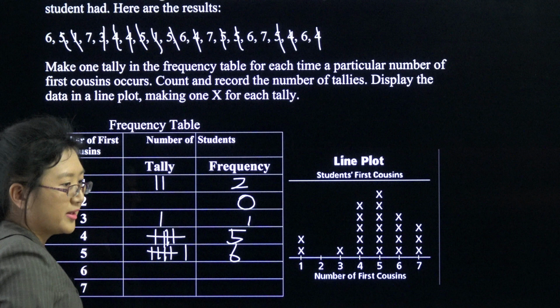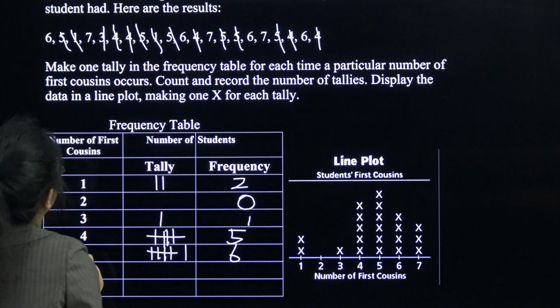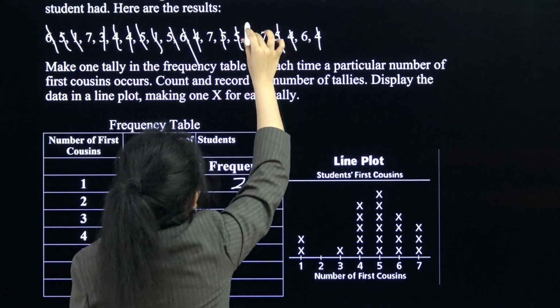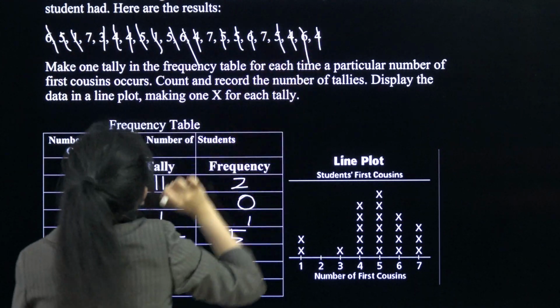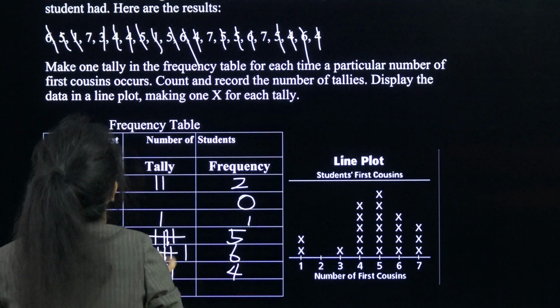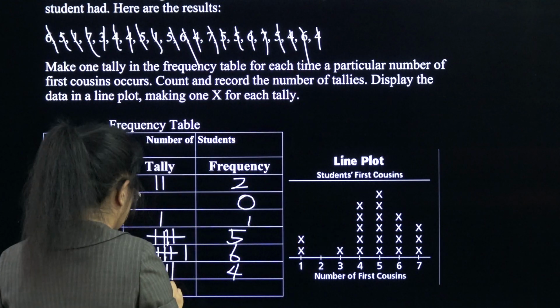Your country might not tally in this way because some countries have a different method of tallying, but 6, 3, 4. 1, 2, 3, 4. 7, 1, 2, 3.